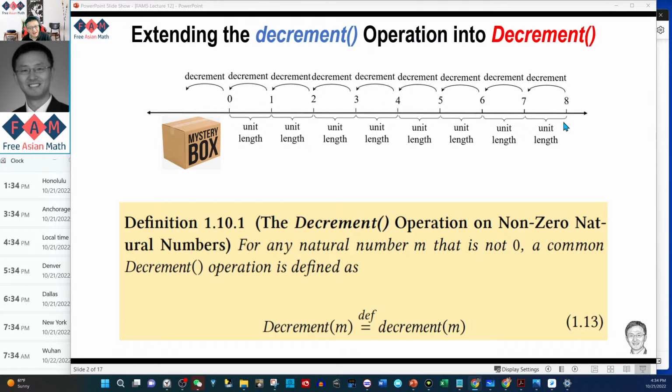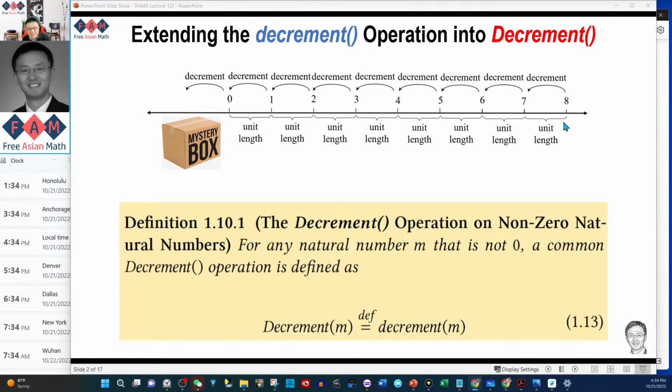we define, and it's very important to understand this is just a mere definition, we define this capital D decrement can operate on 0 and on a new group of numbers, which we call negative numbers. And the way the negative numbers are defined is very similar to how we actually defined natural numbers in the first place.